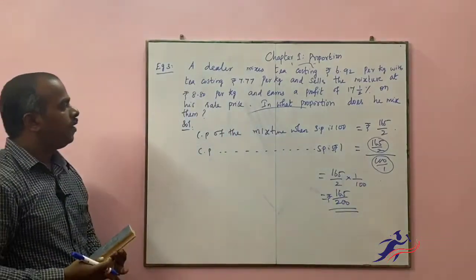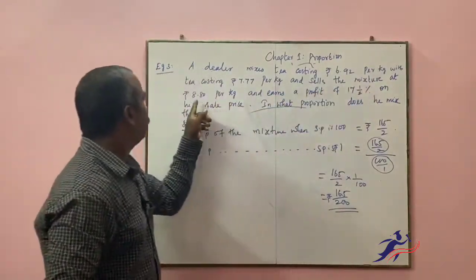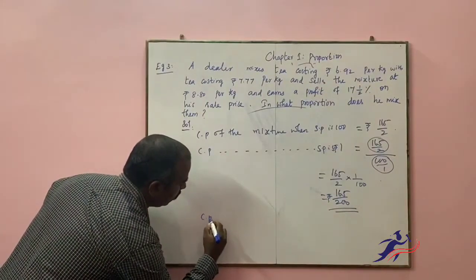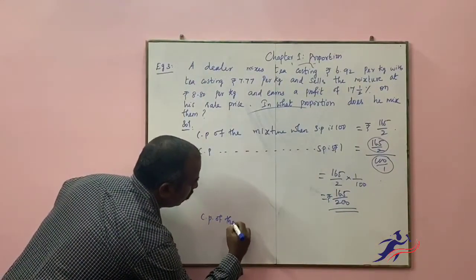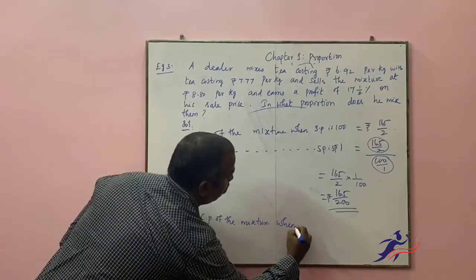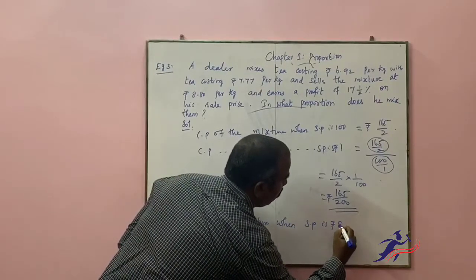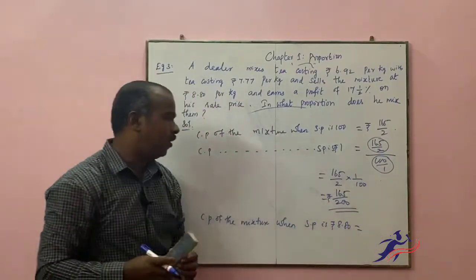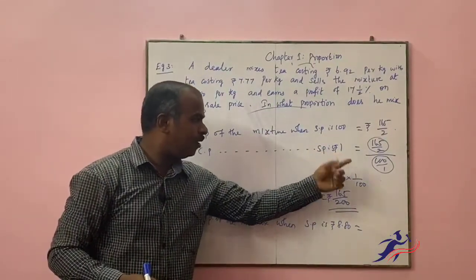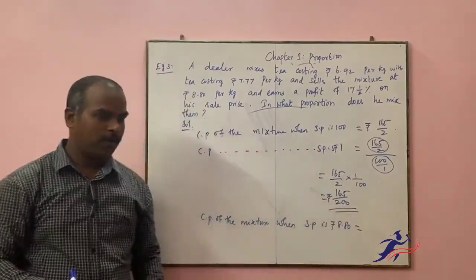But it is given that the selling price of the mixture is rupees 8.80. Therefore we can find the cost price of the mixture when the selling price is 8.80. Listen carefully: the cost price of the mixture when the selling price is 1 rupee is 165/200.